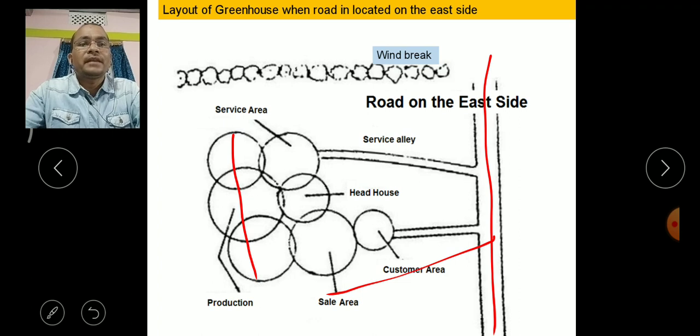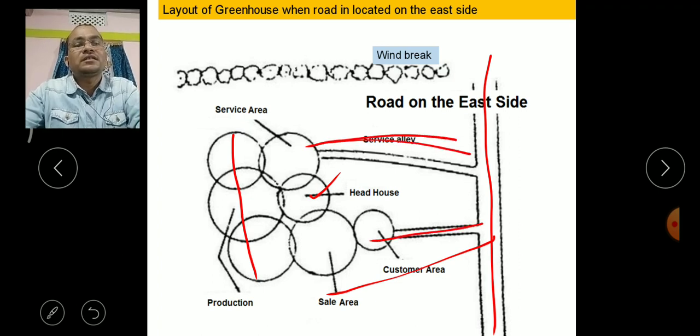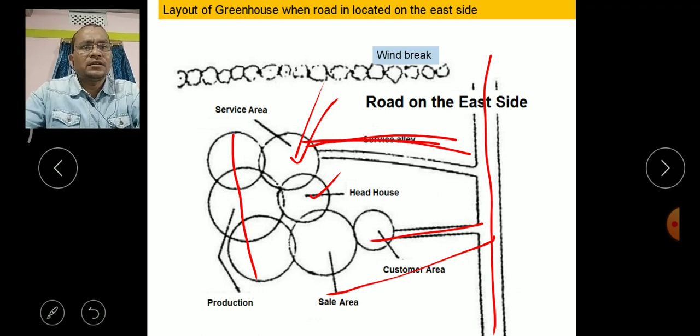This is the head house where monitoring and regulation are done. This is the customer sales area. There are two routes, one for customers and one for service purposes. Workers and servicing, like water, electricity, and installation inputs, are handled here. Remember this layout.